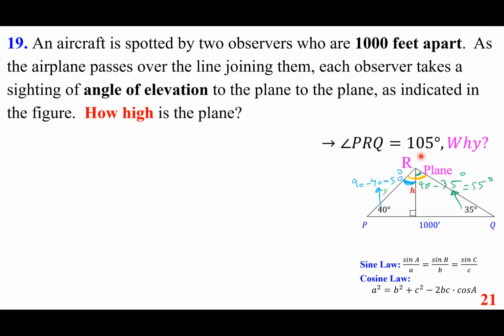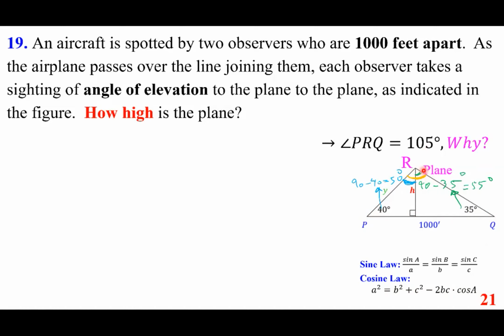So we can use the sine law. Sine A over A equals sine B over B equals sine C over C. And here's the cosine law, A squared equals B squared plus C squared minus 2BC cosine A. And in this case, we have this side. We have the total angle here, 105 degrees.